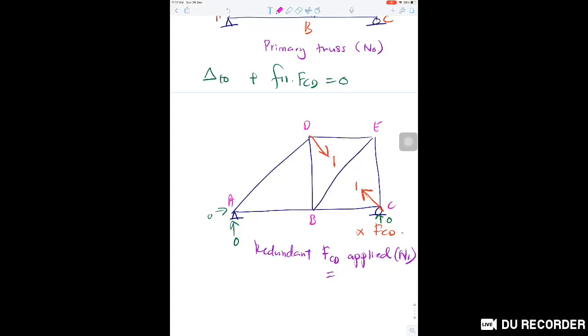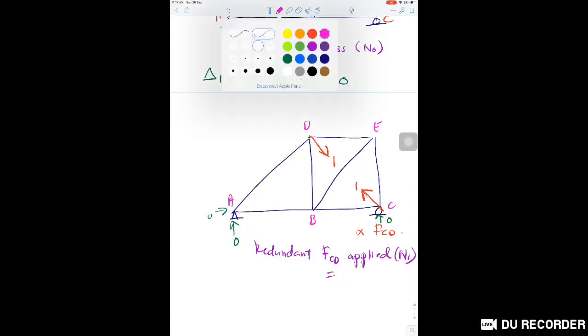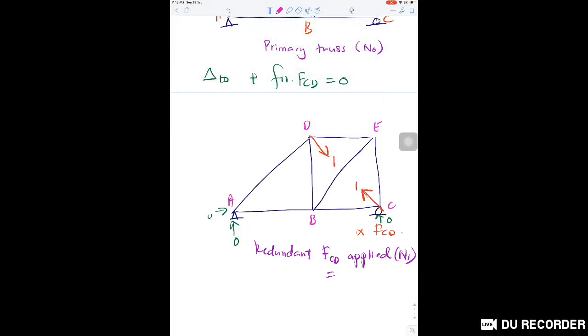Having it like this, straight away, we need to balance horizontally and vertically. The truss must be externally in equilibrium. It must also be internally in equilibrium. If we check for external equilibrium, when there is no external loading, it means there is no reaction.